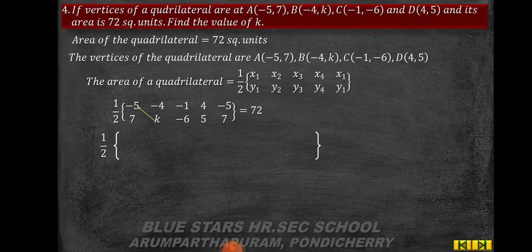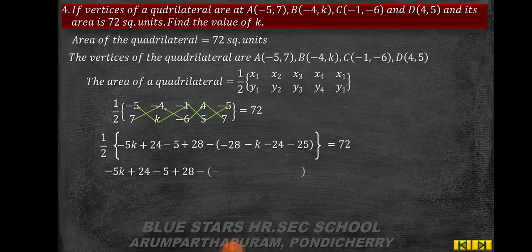So -5 into k is -5k, -6 into -4 is +24, 5 into -1 is -5, 7 into 4 is +28, -7 into -4 is -28, k into -1 is -k, -6 into 4 is -24, 5 into -5 is -25, which is equal to 72.